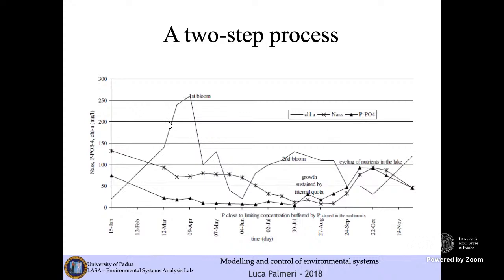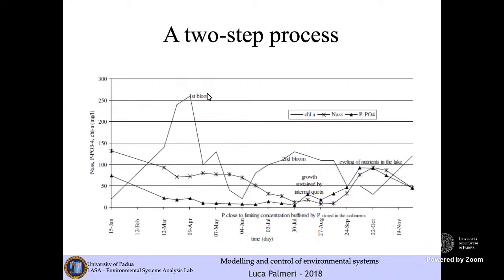So what you may observe in this situation, here we are plotting assimilated nitrogen or phosphate or chlorophyll A. Chlorophyll A is the continuous line, while assimilated nitrogen and phosphates are the other two lines. What happens is that at the beginning of spring we see a significant algal bloom, what we may call the first bloom.